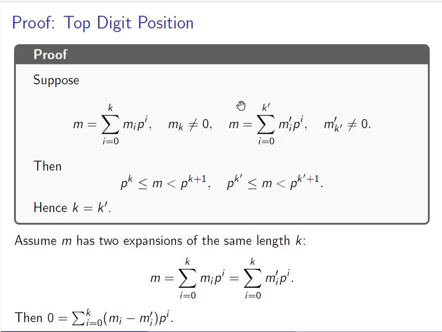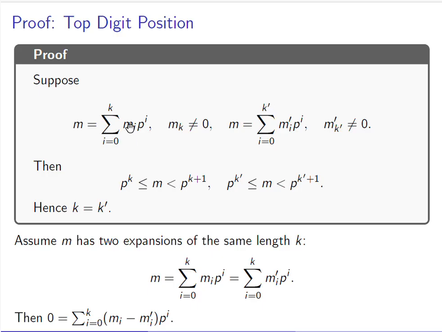We do the same calculations here, and we conclude that m is greater than or equal to p^(k prime) and less than p^(k prime plus 1). Well, this is the only way this can happen. Yeah, the only way this can happen is if k is equal to k prime. Okay, so now we conclude that k and k prime must be equal.